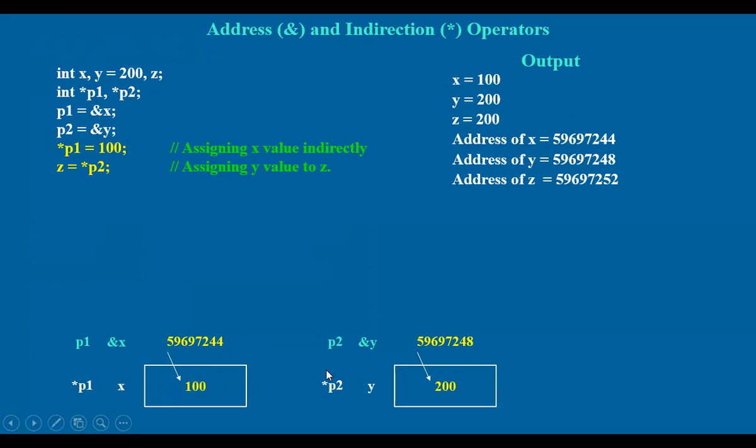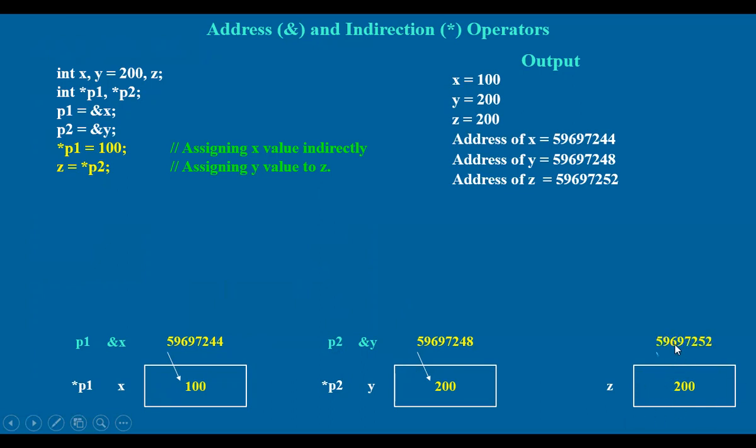That is nothing but the value Y itself. So Y is 200, or star P2 is 200. Now, Z. Z is equal to star P2, which is 200. So in Z, 200 is stored.